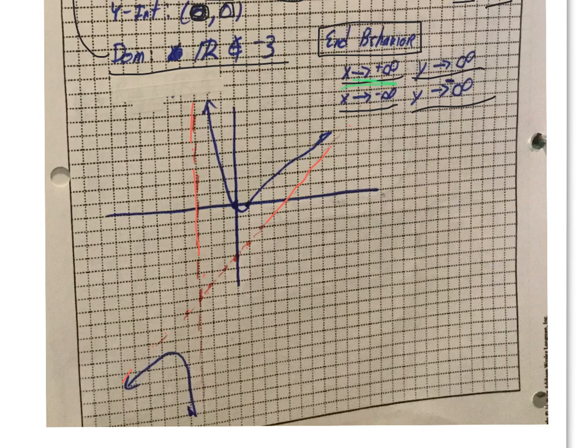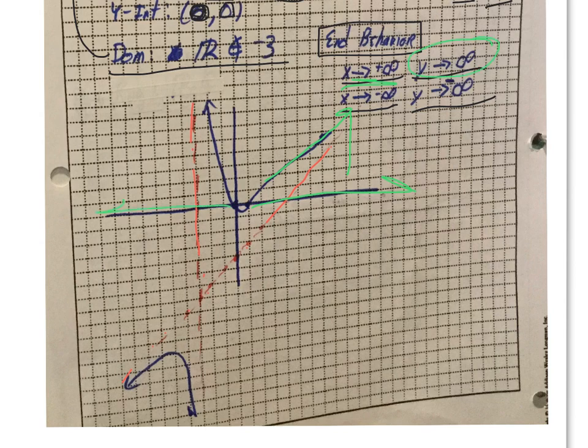As x is going to positive infinity, as x is getting larger and larger, my y values keep getting larger and larger. They're approaching the slant asymptote, but that y value is getting further away from the x-axis, so it is getting larger. It's going to positive infinity.